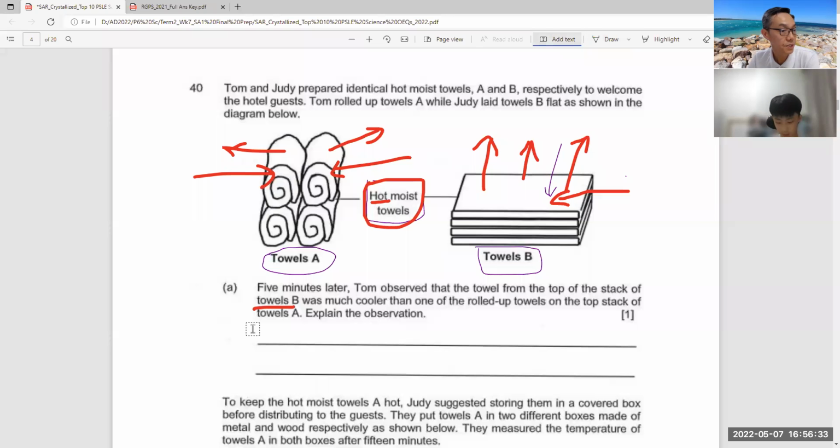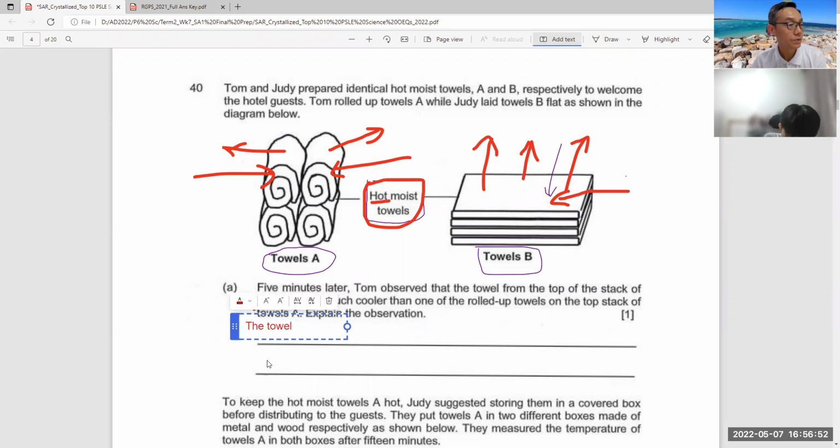So for this question, you should say that the tower, you can use A and B on the top stack.